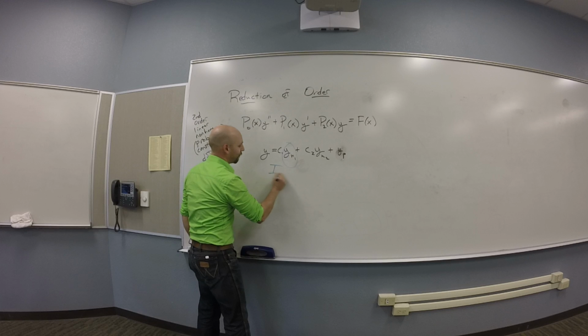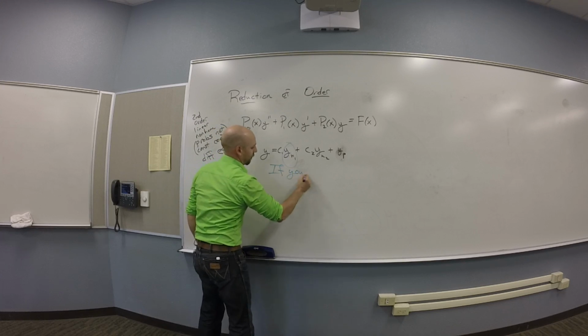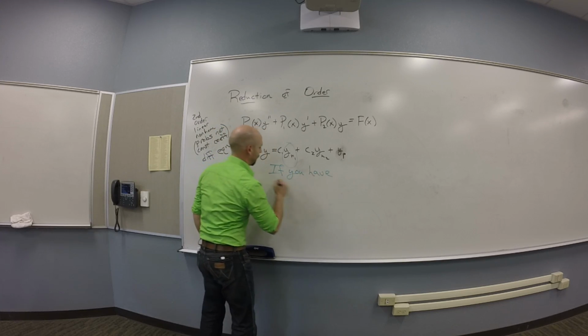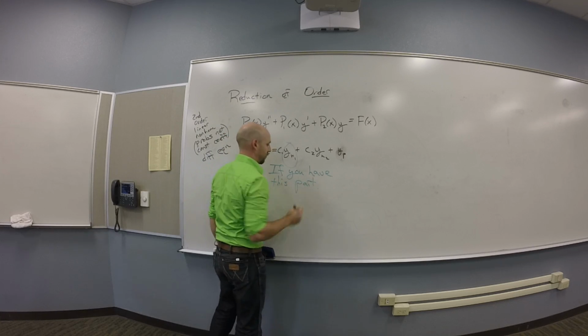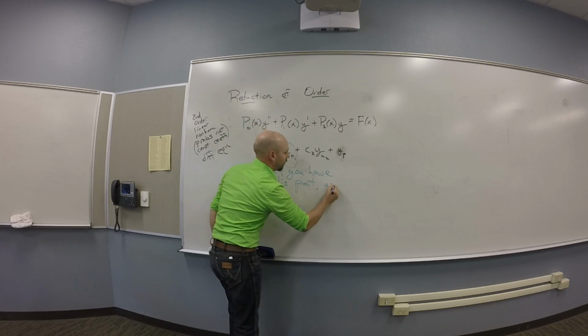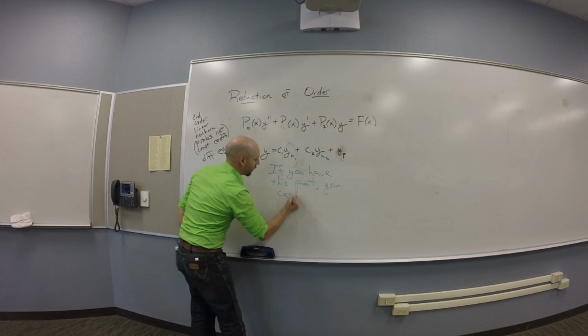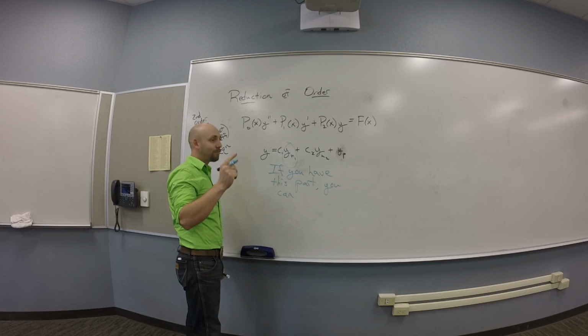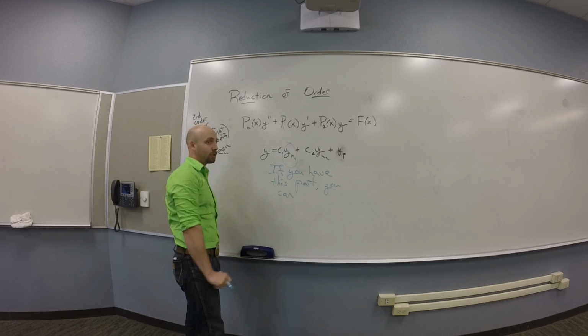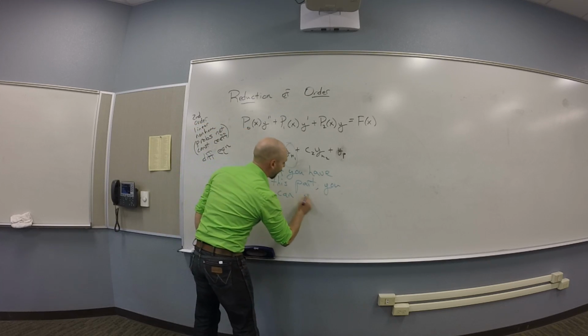If you have one of the homogeneous bits, you do not have to have both of them, just one, you can get the rest.